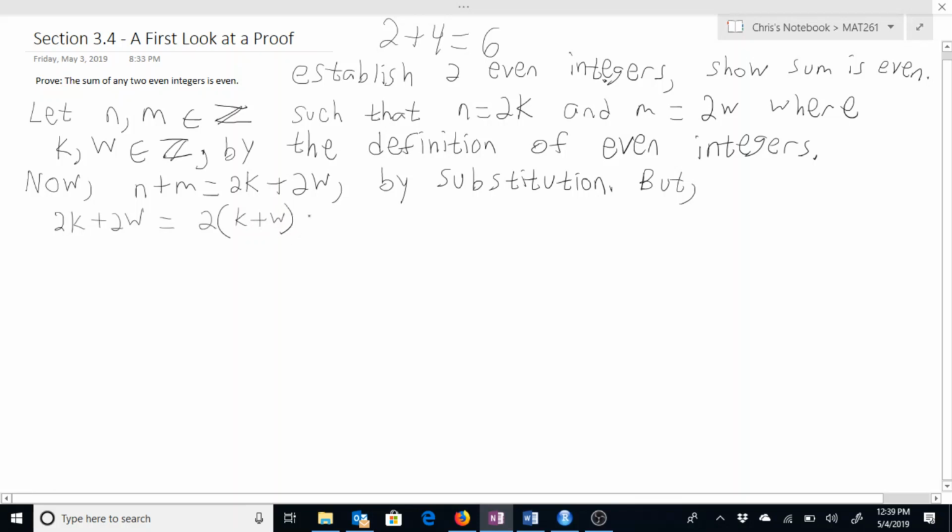And this factorization is from the idea of the distribution property. So this would be by the distributive property.